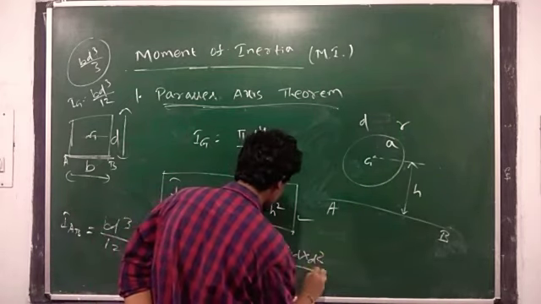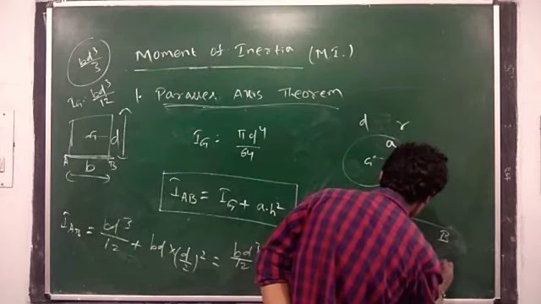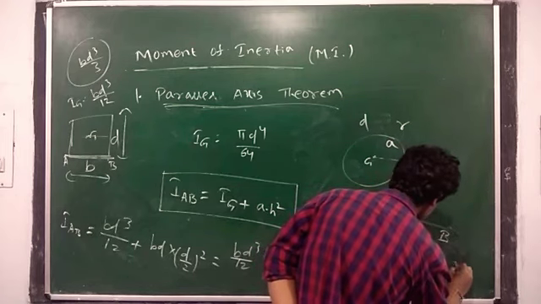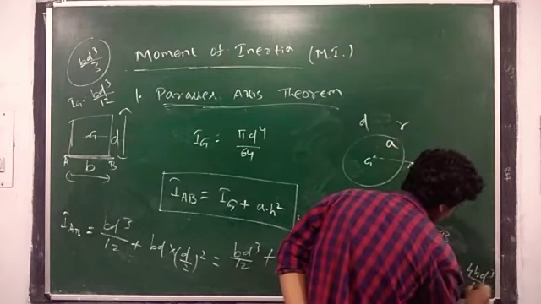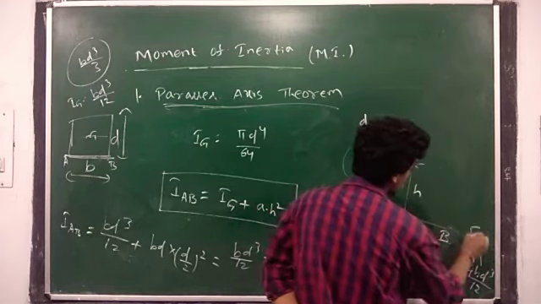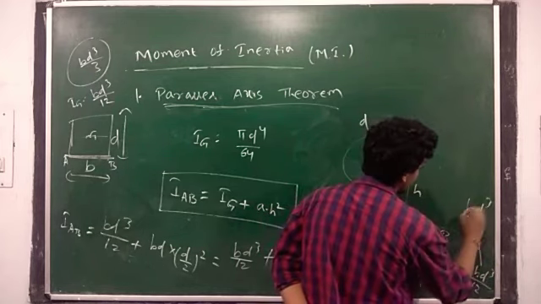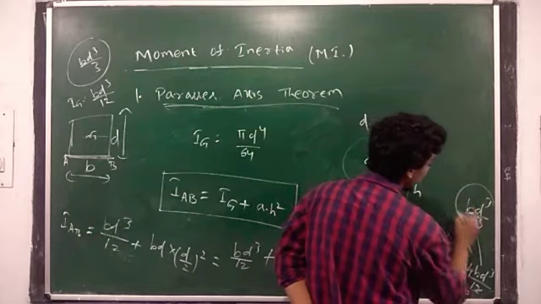So it is coming BD cubed by 12 plus BD cubed by 4. So here you can calculate it, 3 BD cubed by 12, so that will be 4 BD cubed by 12. So that will be equal to BD cubed by 3. 4 3s are 12. So hence the parallel axis theorem is proved.